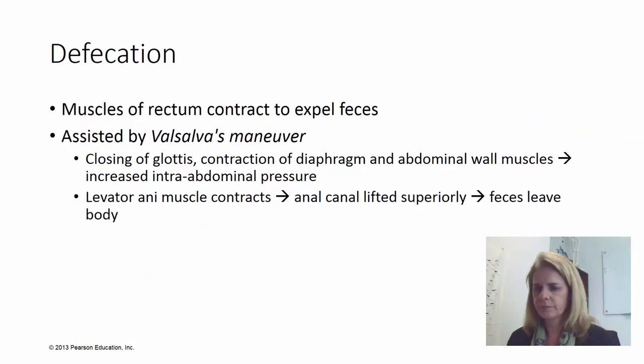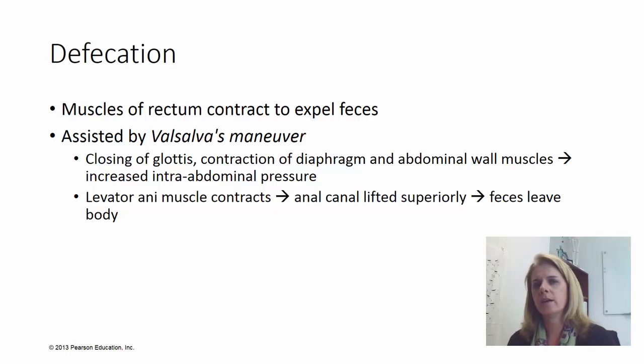Okay? So the last stage in this whole process is to get rid of the undigested food, and that's called defecation. And so that's going to require you to have muscle contractions and also an increase in abdominal pressure in order to force the feces out.